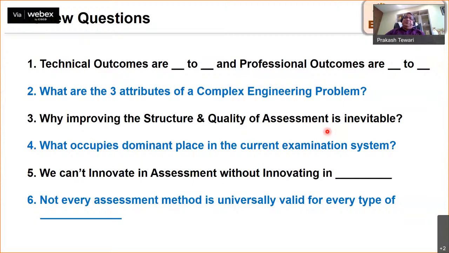What are the three attributes? 1 to 5 and 6 to 12 are the correct answers. What are the three attributes of a complex engineering problem? Just now I showed the definition.